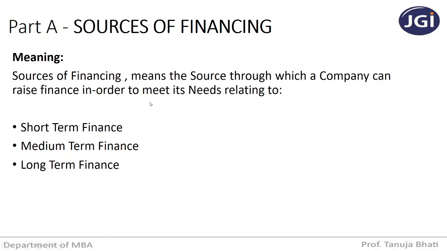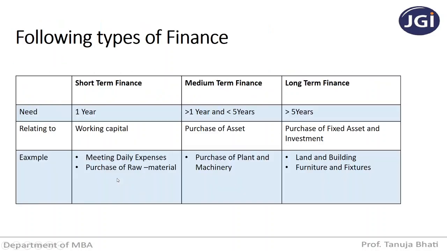But there are different kinds of needs of finance by the company. So, the needs can be divided into short-term needs, medium-term needs, and long-term needs of finance. What are these? We'll just go through it.